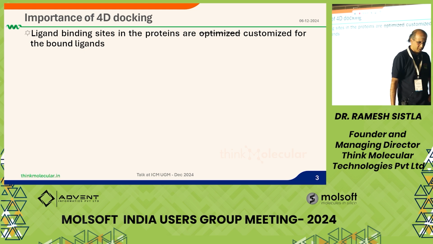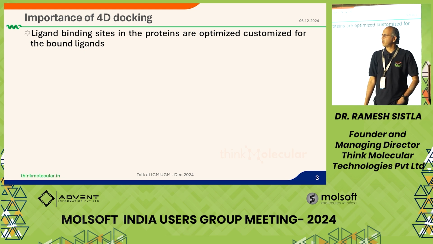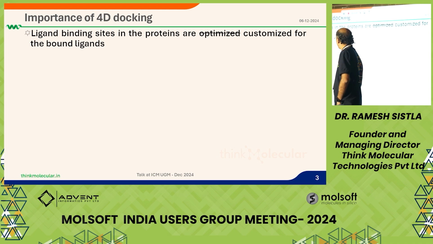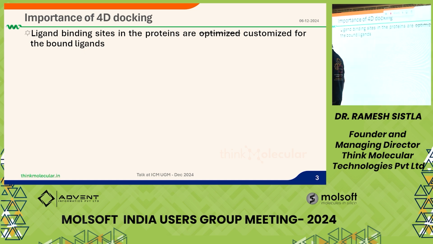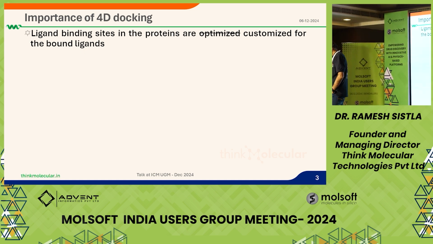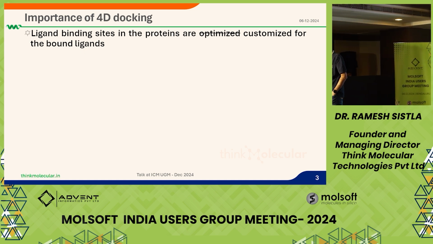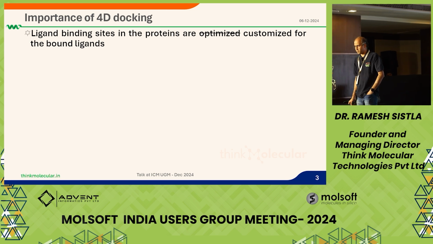So what is the importance of 4D docking? 4D docking is important because the ligand binding sites in the protein are not optimized for ligand binding, but they are customized for the binding of a particular ligand.